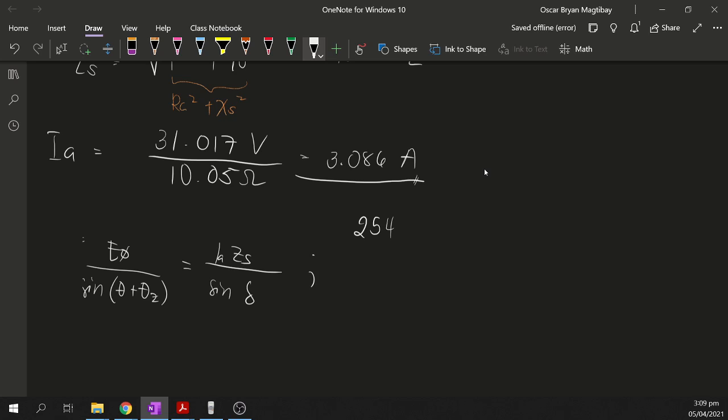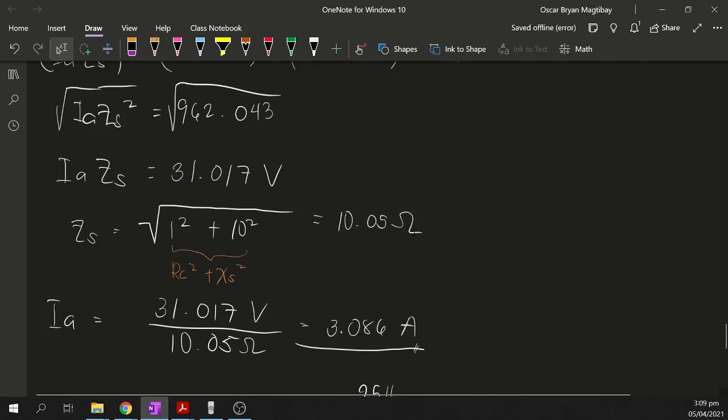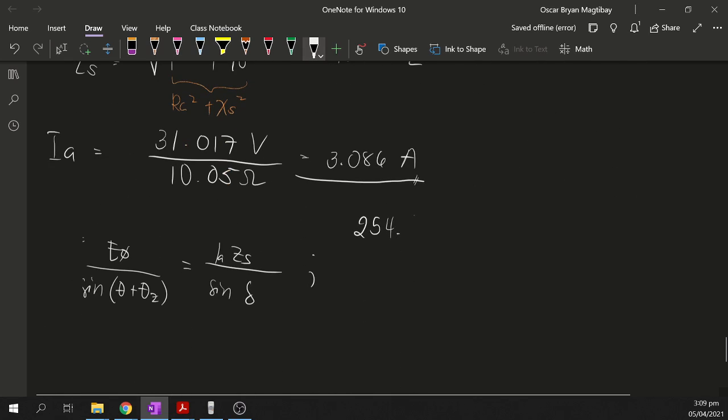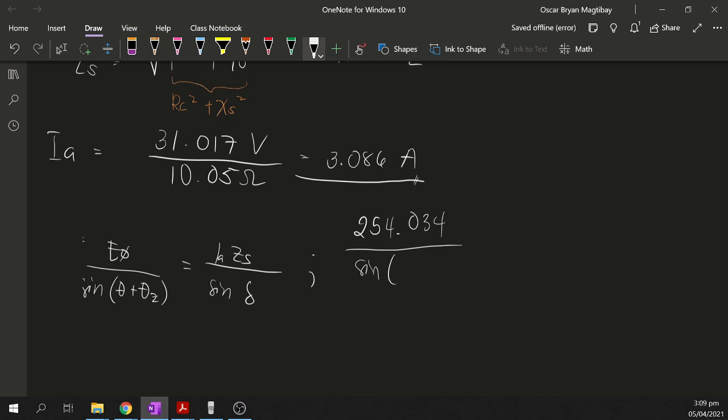So, this is now equal to 254.034 over sine theta plus theta Z is equal to IAZS. Ano IAZS natin? 31.017 all over sine 7 degrees. So, yan ang kailangan natin sa formula natin.